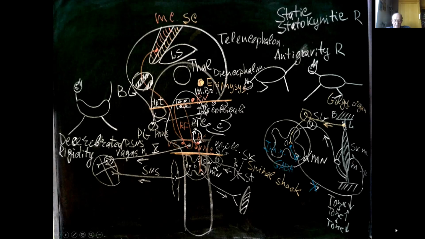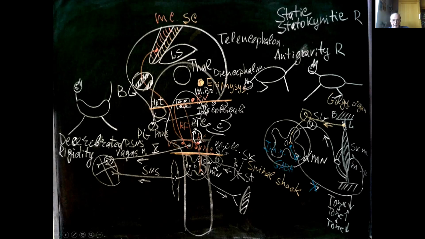But in frogs and mice, this center is localized in the neck part of the spinal cord. And after this cut, the breathing will continue in these animals.